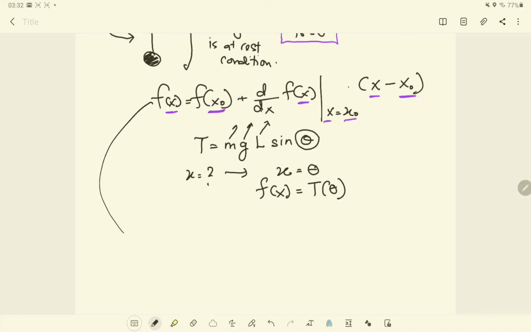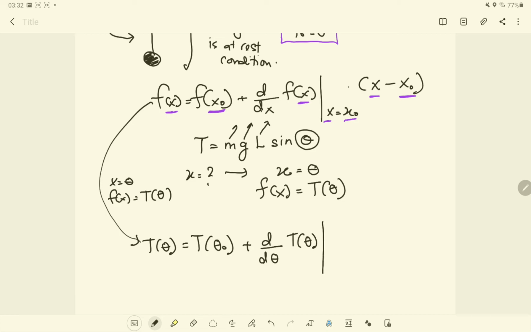From here, we know that x equals theta, and f(x) equals T(theta). So T(theta) is equal to T(theta naught) plus d over d theta of T(theta), where theta equals theta naught, multiplied by theta minus theta naught.